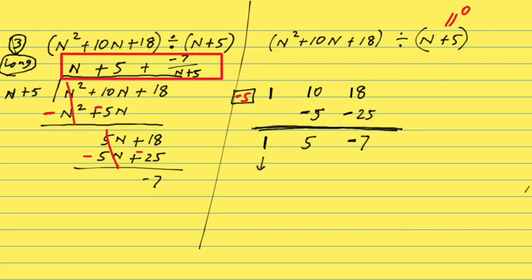Now that 1 means 1n to the 1 less power. What's 1 less than n squared? Just n. That means plus 5, and that means the remainder is -7. So you have n plus 5 plus the remainder over the divisor.